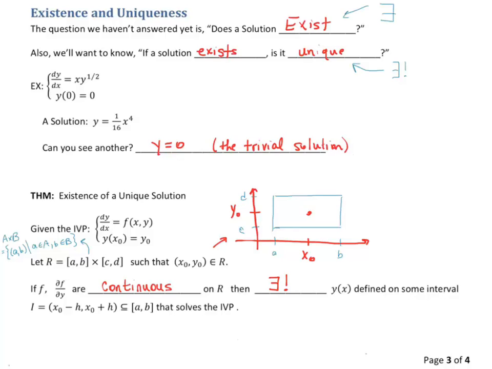That is, on some interval around x naught, we know there's a y that is a solution there. The little width of this interval right here is h. It's got to be somewhere inside there. We know that there is some interval around that where there is a solution, and that solution is unique. By the way, I refer to that I right there as our interval of definition.